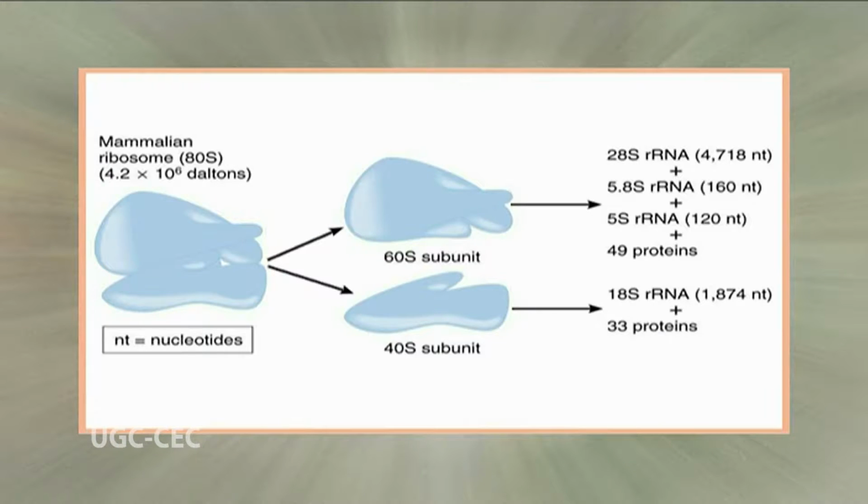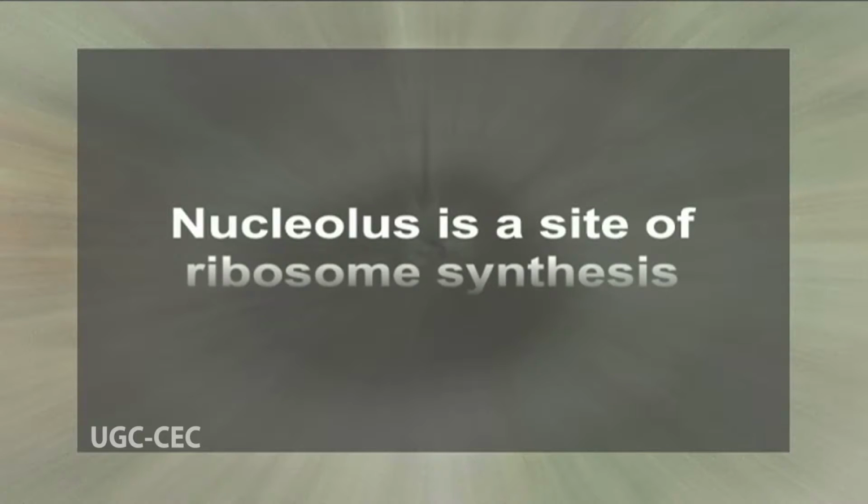The thread-like fibrillar part of a nucleolus is predominantly composed of rRNA molecules and associated proteins that have joined together to form fibrils. The nucleolus is a site of ribosome synthesis. The nucleolus, whose primary function is to assemble ribosomes, is the largest structure in the cell nucleus.